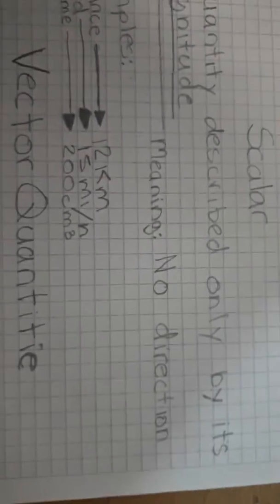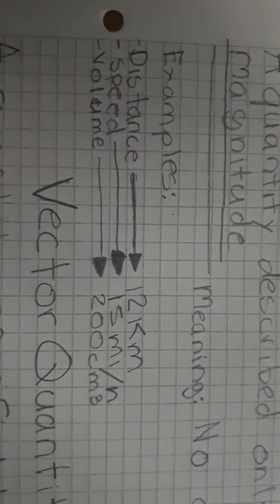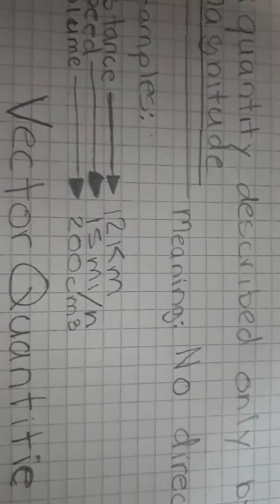So a scalar is a quantity described only by its magnitude, meaning no direction. For example, we can have distance, speed, or volume. We have more examples, but these are just a few of them. Distance is like 12 kilometers.